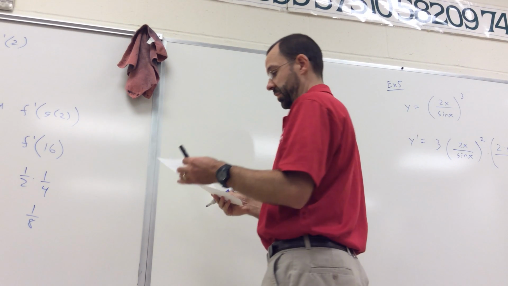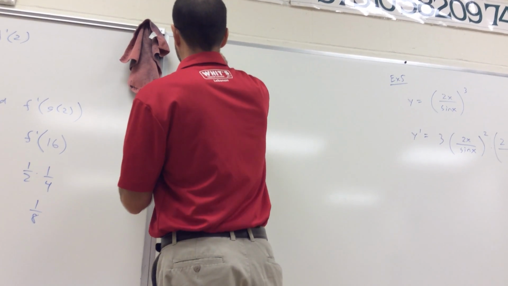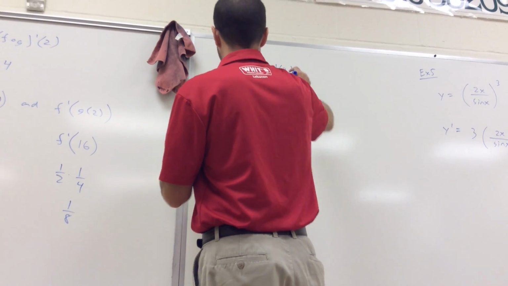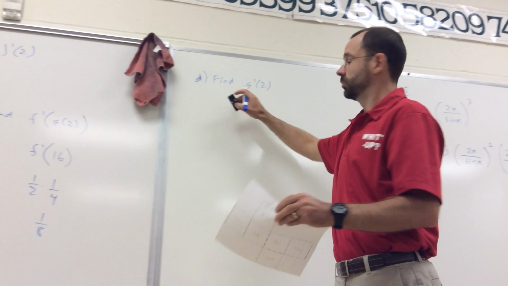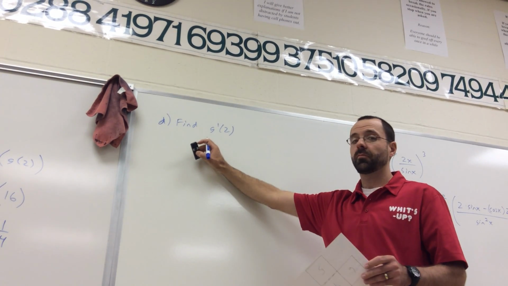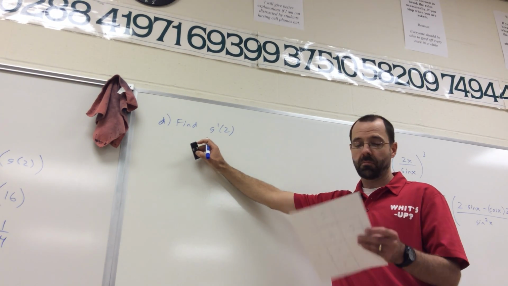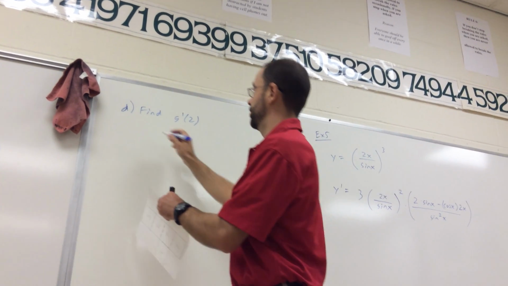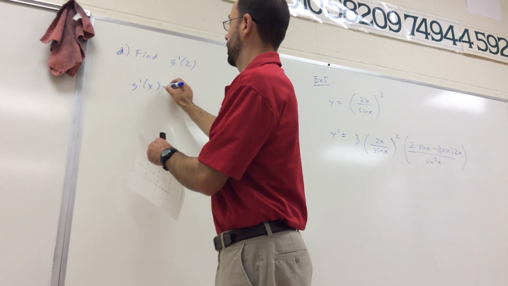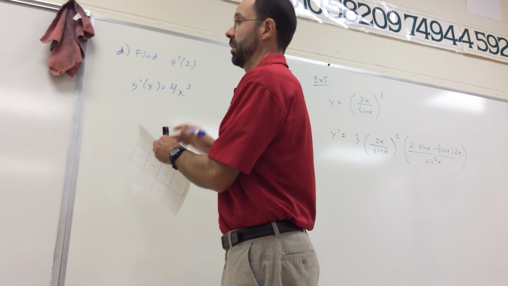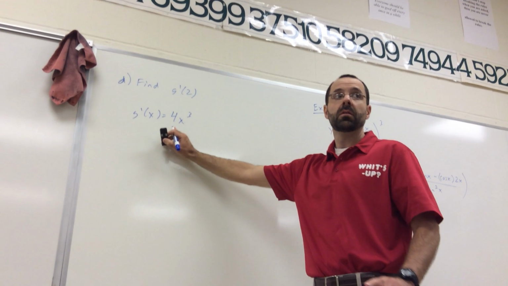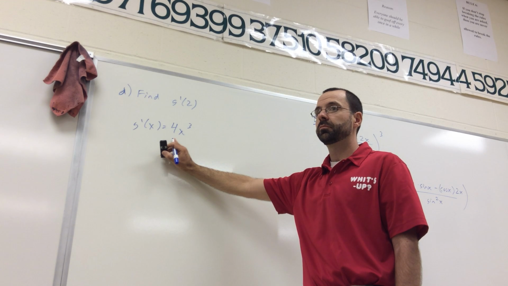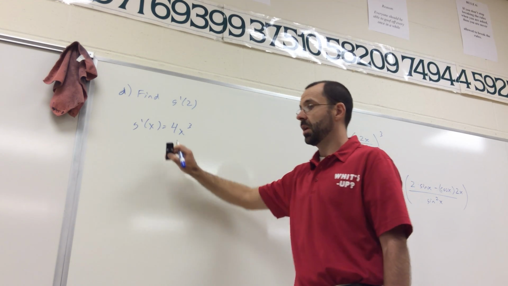Okay, now D is going to say, find g prime at 2. Okay, so g prime is 4x cubed. Can you just put 2 into that formula?